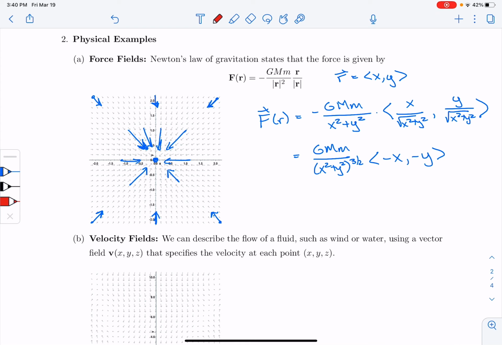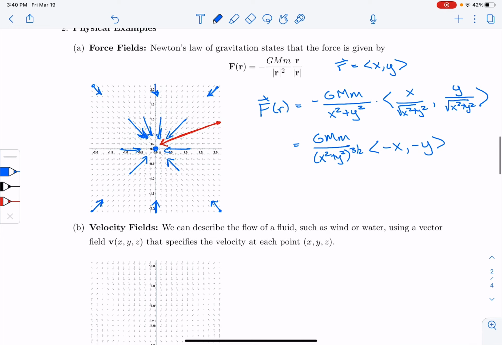So an object, say, that's out here in the gravitational field will feel that gravitational force and then be pulled inward to the center. So that's one example of vector fields and how they're used in physics.